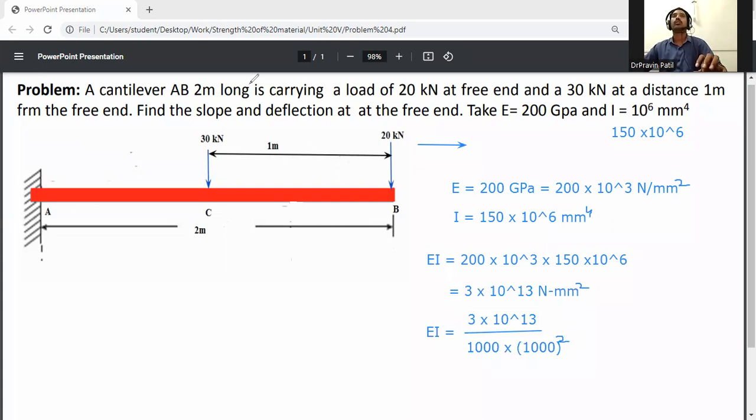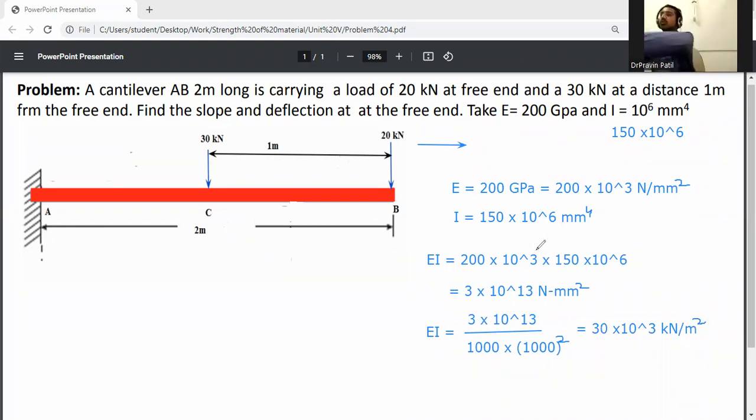So divide 3 into 10 raised to power 13 by 1000 into 1000 square. It will give 30 into 10 raised to the power 3 kilonewton meter square.